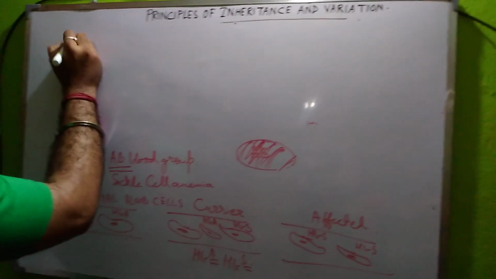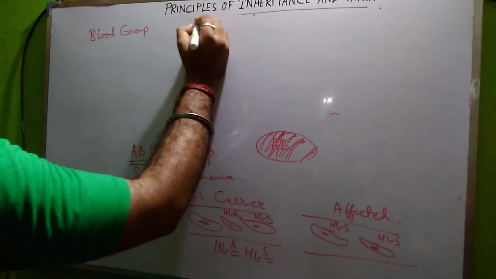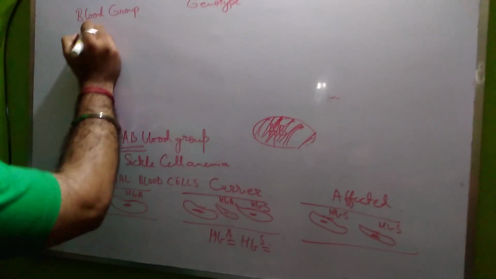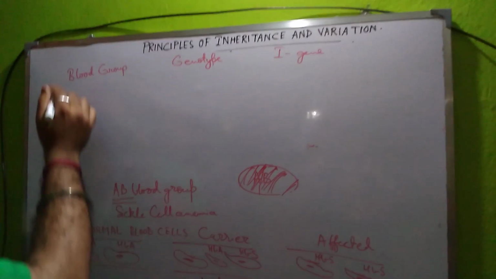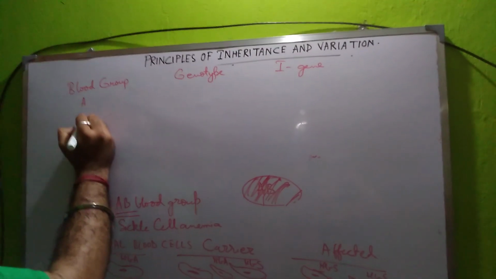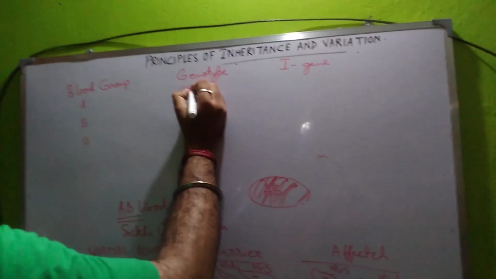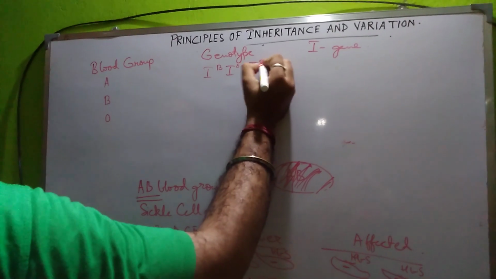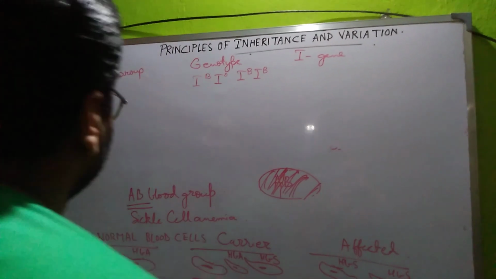In the blood group, this is the genotype. There is an I gene, and it has three alleles A, B, O. When the genotype is IB IB or IB IO, it has that type of blood group, meaning its antigen.